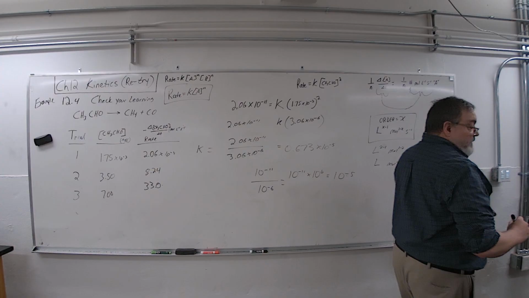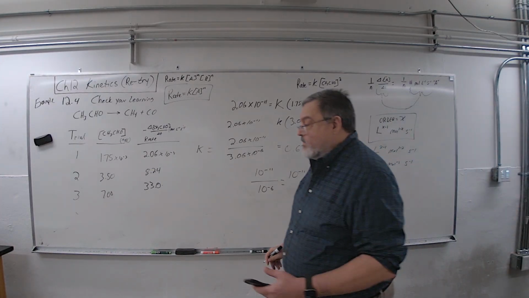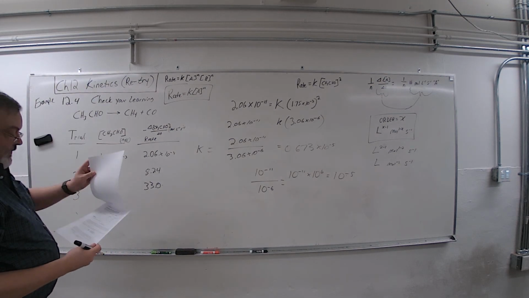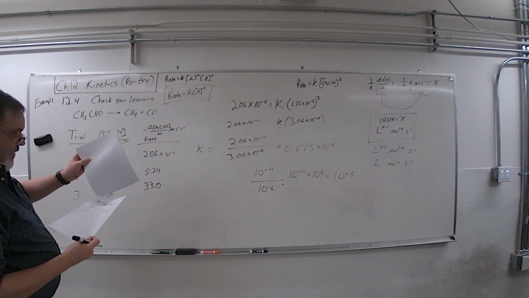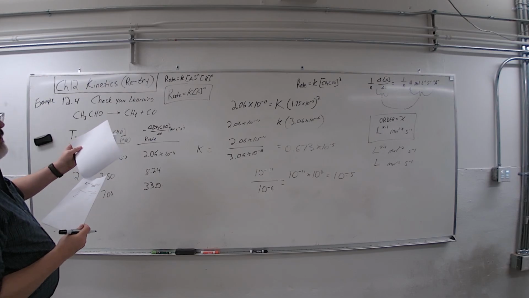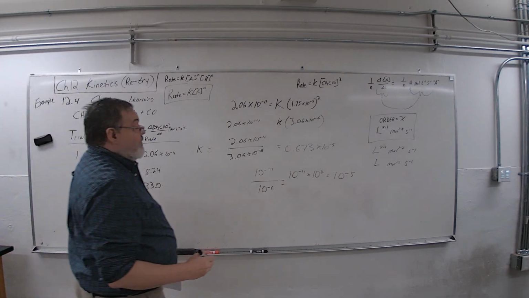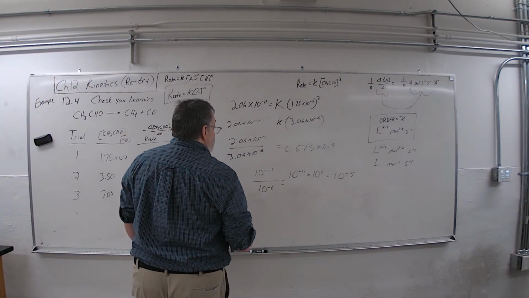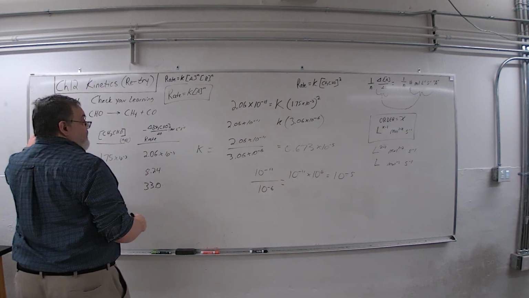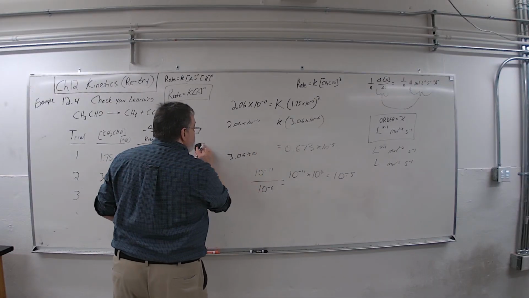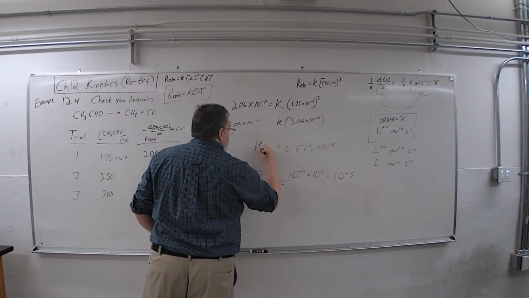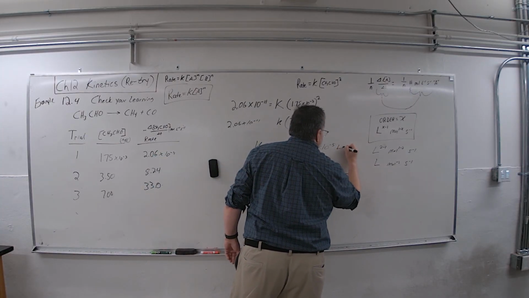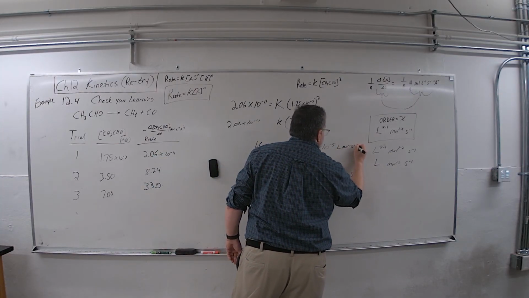And that should be what's in that little chart I've got. Let's double check. Second order, L per mole per second. Yep. So our final point is, if I want to write this properly at the end, I would say K equals that with liters per mole per second.